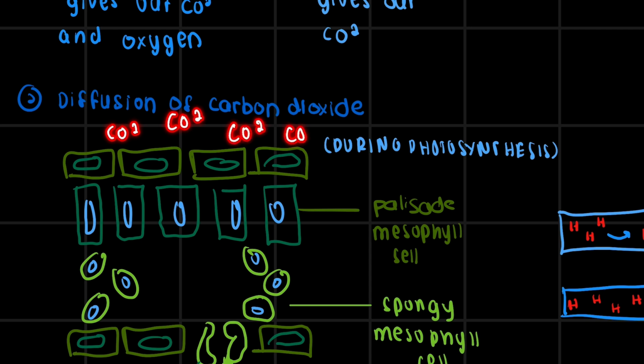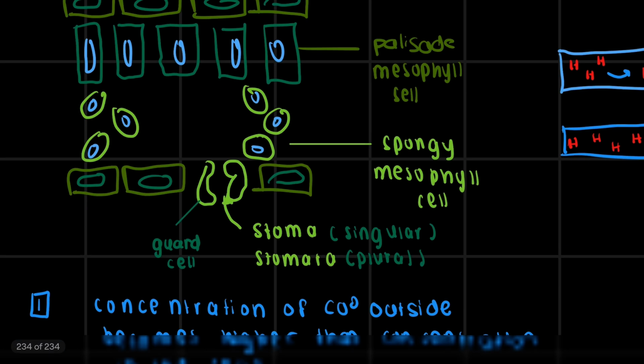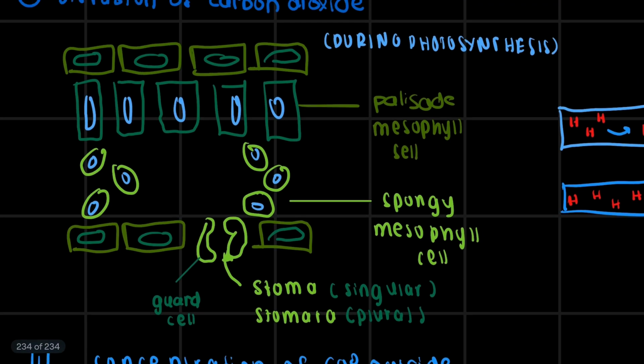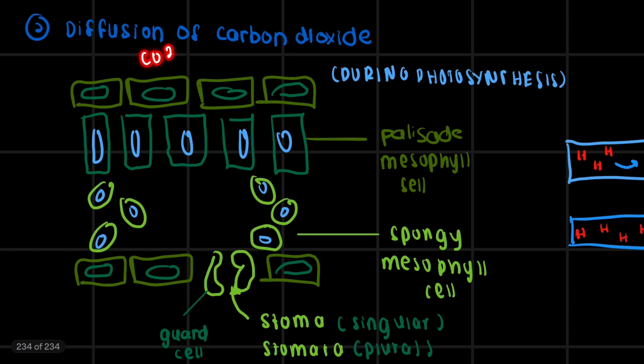Okay, so the concentration outside is high, and this causes the carbon dioxide to dissolve in the moist surface of the cells, to diffuse from the air spaces in between. So carbon dioxide, which has a high concentration here, will go inside the cell through these air spaces. This is the air space.